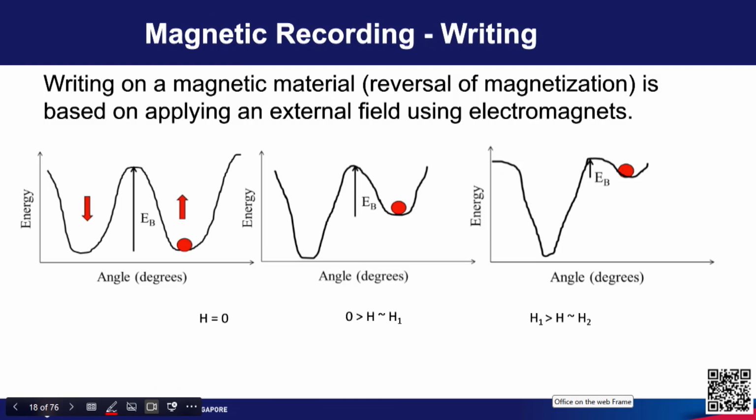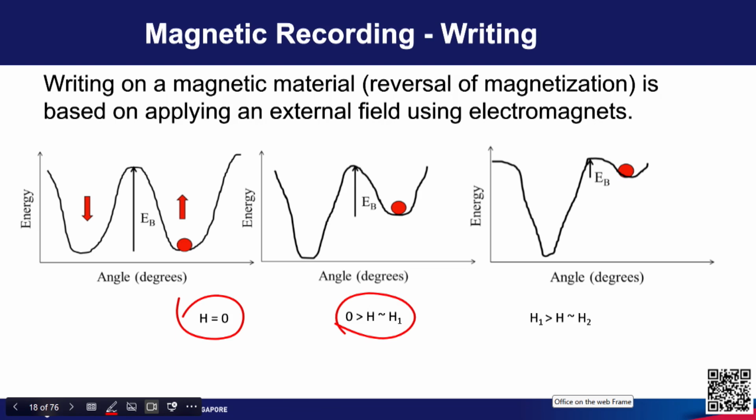We use electromagnets to produce a certain magnetic field, and that magnetic field changes the energy landscape. I told you that at 0 field, this is how the energy landscape will look like, but as you apply more and more field, you can change the energy landscape.